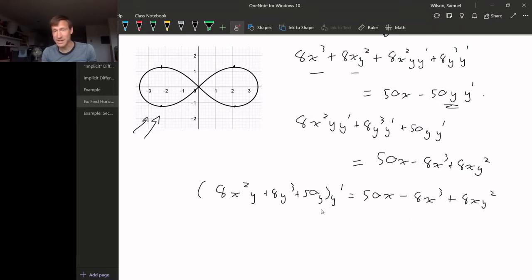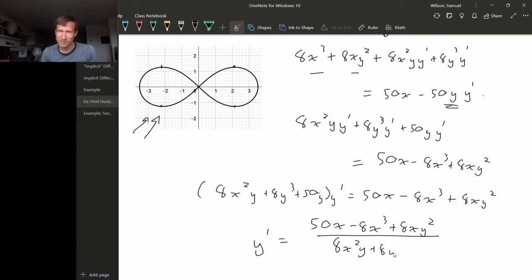All right, and now divide to get y prime. So we get y prime is 50x minus 8x cubed plus 8xy squared over 8x squared y plus 8y cubed plus 50y. Okay, so finally we got y prime.